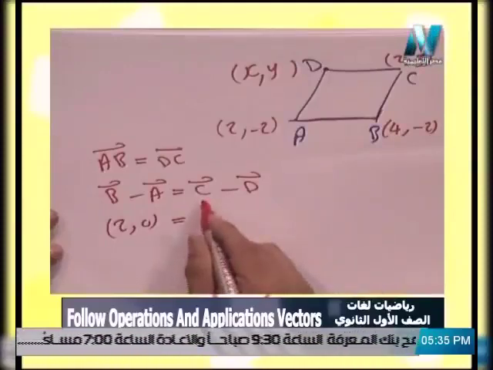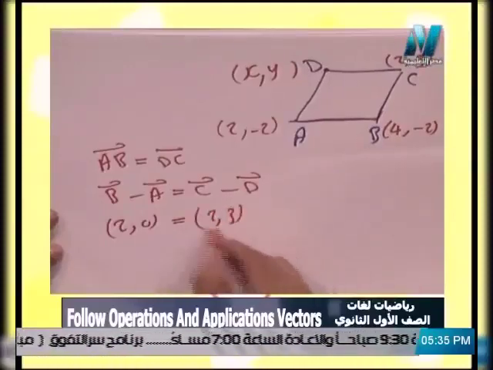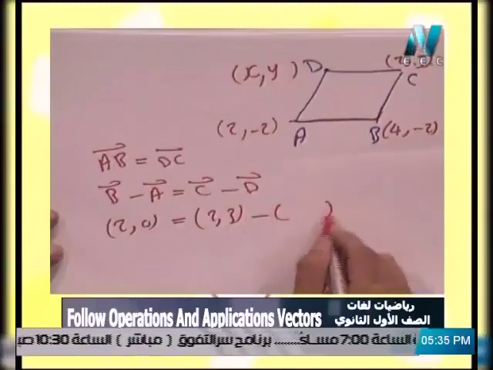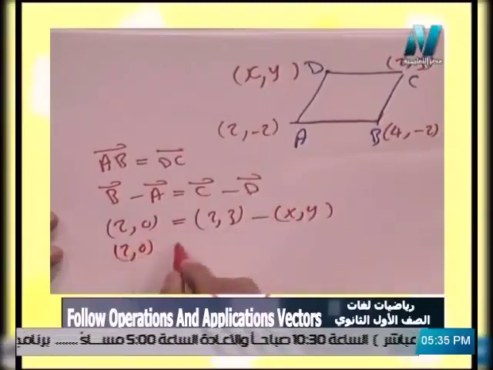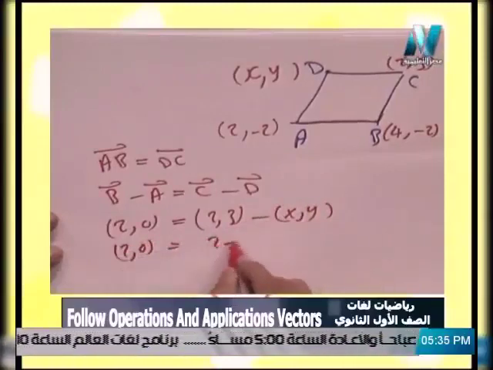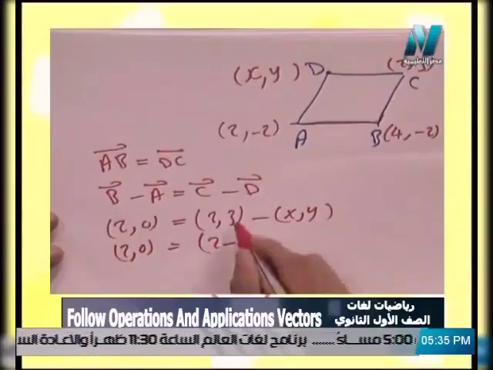C here is (2, 3) minus D, which is (X, Y). So (2, 0) equals (2 minus X, 3 minus Y).